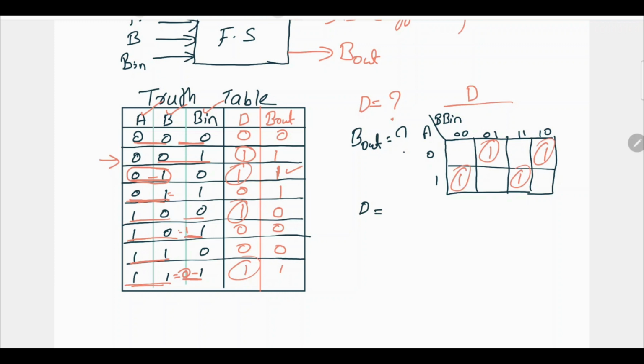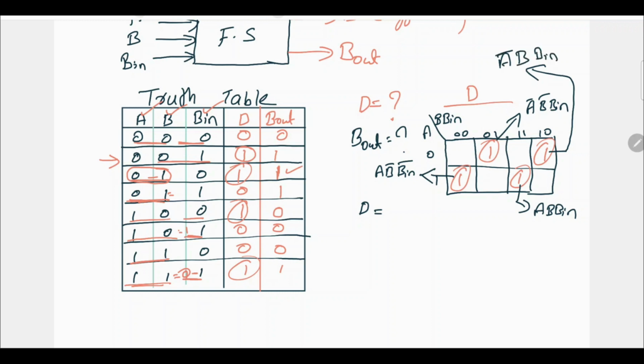equal to the equation for each cell. This is A bar, B bar, Bn. This is A, B bar, B in bar. This is A, B, Bn. And finally this is A bar, B, B in bar.